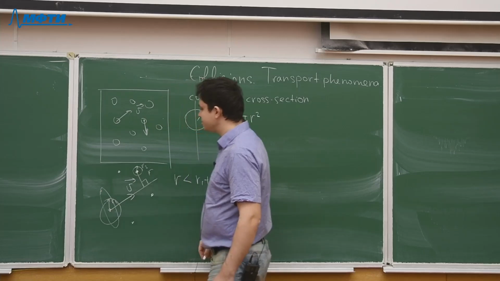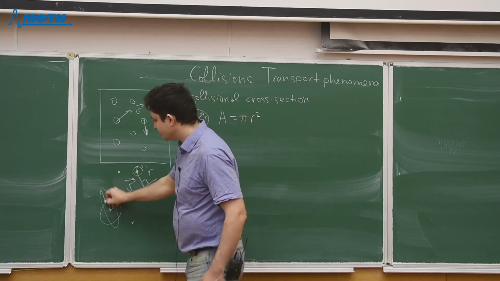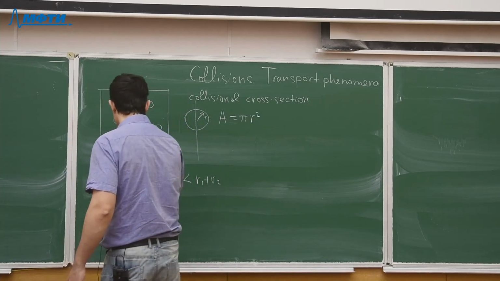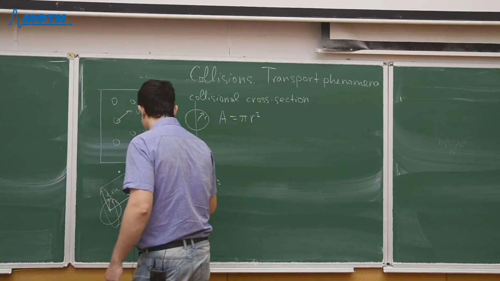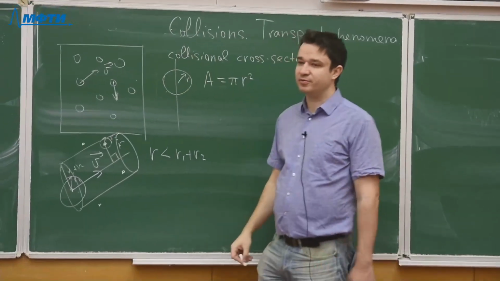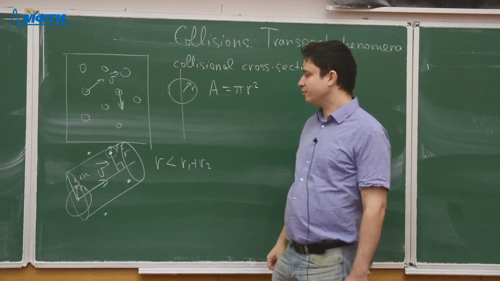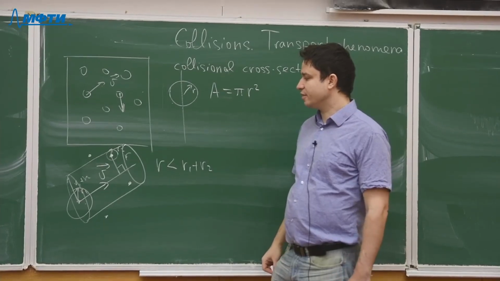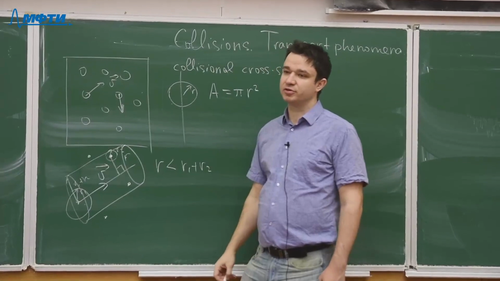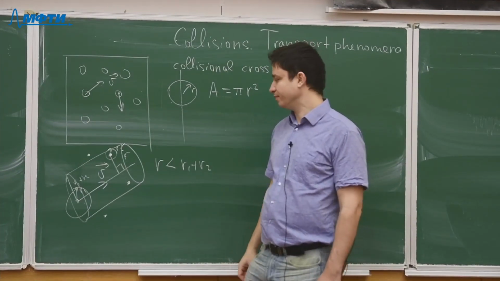The radius of the base of the cylinder equals r1 plus r2, and of course I can continue this cylinder further, and if the center of another molecule happens to fall into this cylinder, then the original molecule and the other molecule would collide inevitably.